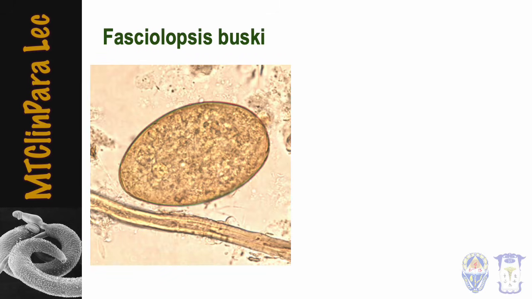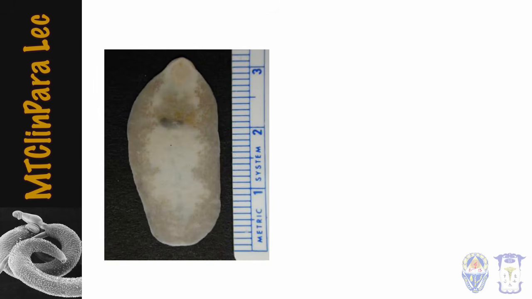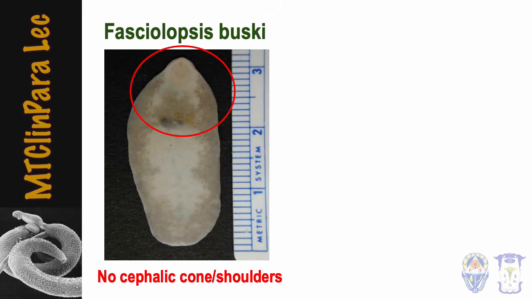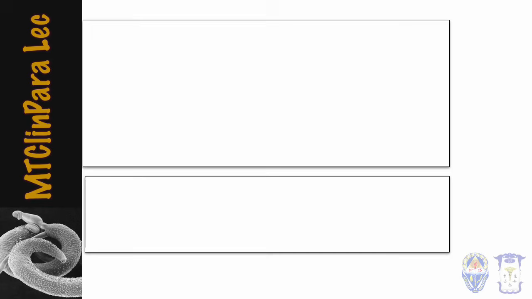Here is an example picture of Fasciolopsis buski and Fasciola hepatica. As you can see, these are very similar in morphology. The adult Fasciolopsis buski does not have shoulders or a cephalic cone, but for Fasciola hepatica, the presence of shoulders is evident.